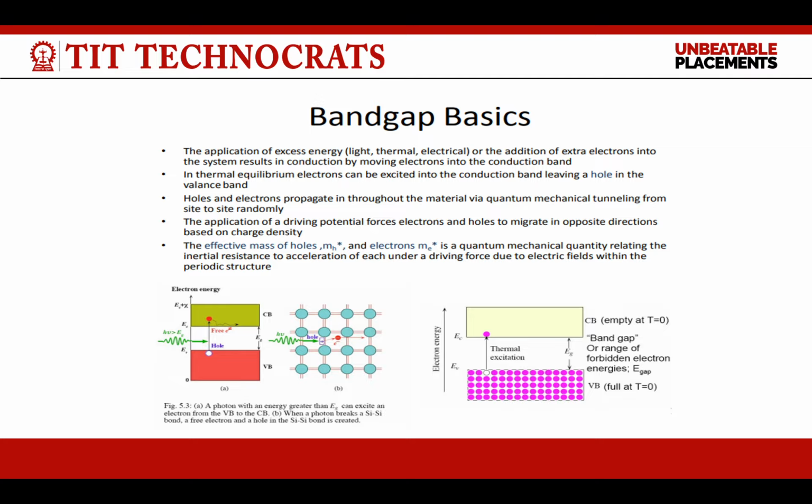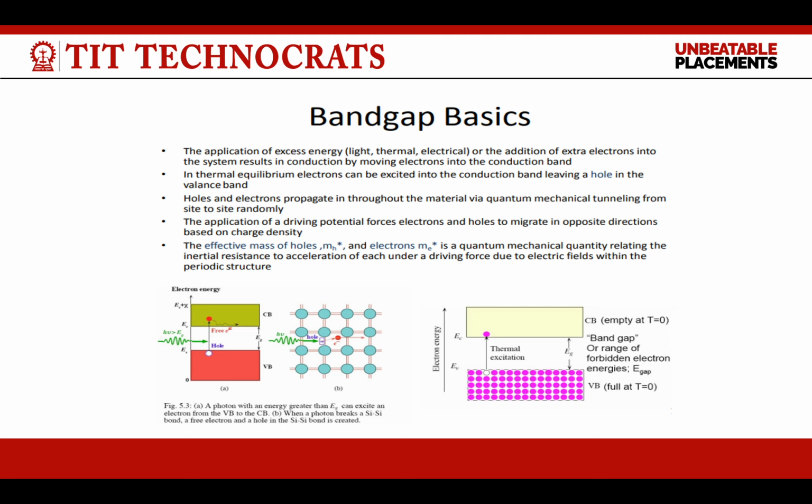The effective mass of the hole, m_h*, and of the electron, m_e*, is a quantum mechanical quantity relating the inertial response to acceleration of each under a driving force due to the electric field within the periodic structure.